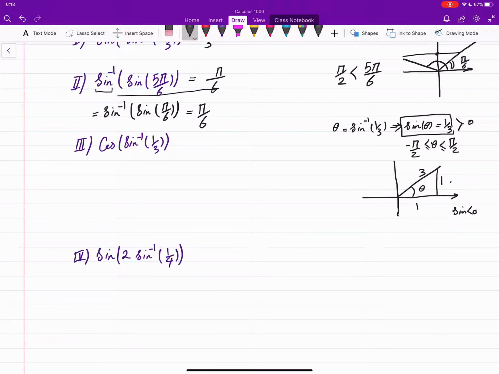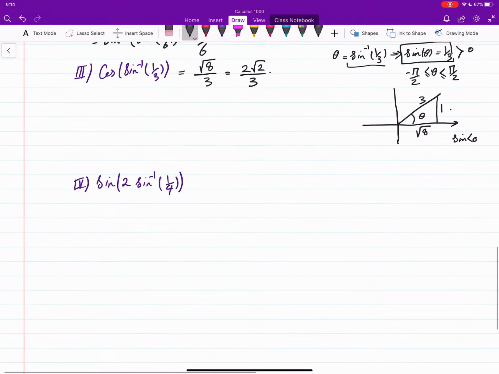And then using the Pythagorean theorem, you get 9 minus 1, which is √8. So then you can see that the cosine of that angle, which is sine inverse of 1/3, is equal to √8 adjacent over hypotenuse. This you can simplify, or just write it as this one.